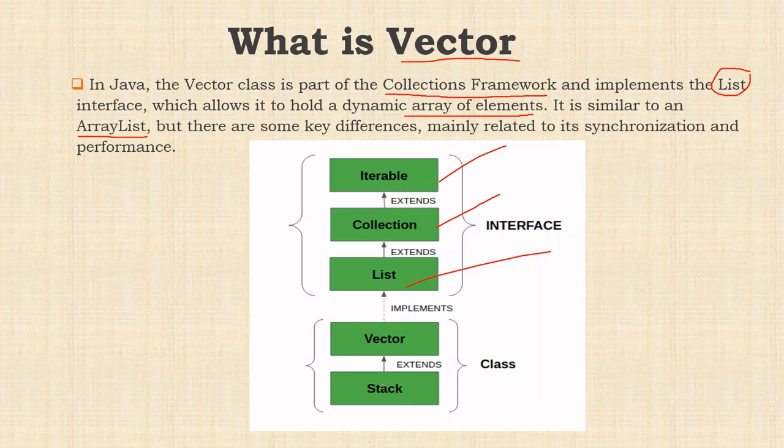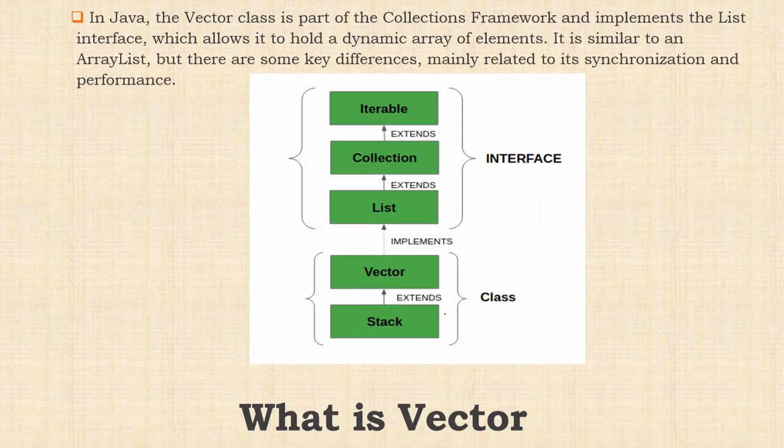Stack is a class, also a type of data structure to store objects. But we are going to concentrate on vector. So this is the hierarchy of vector in the collections framework.